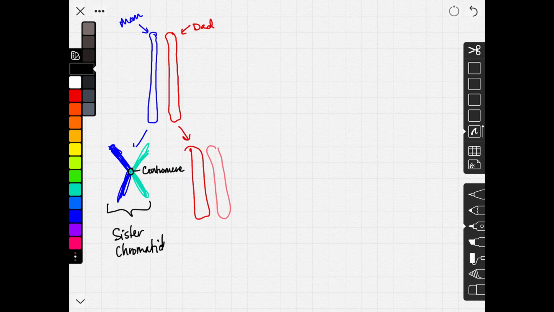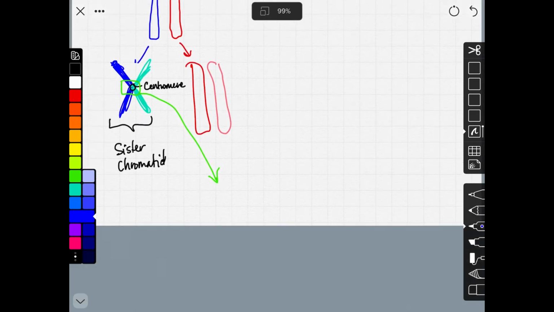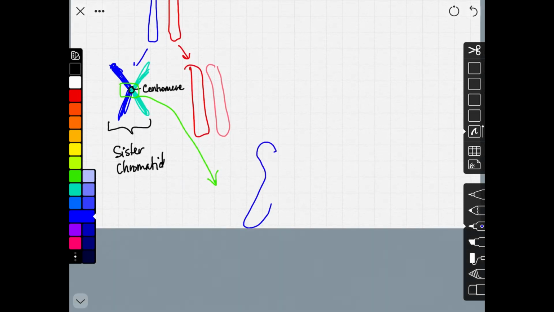And if we look close at that centromere, so if we were able to kind of zoom into it, what you would see is that your centromere actually has one sort of focal point on each of the chromosomes.